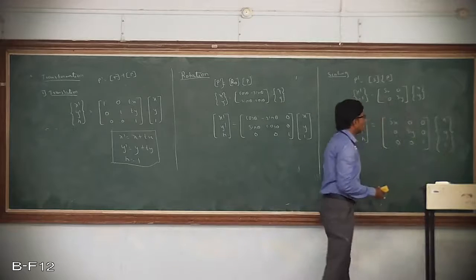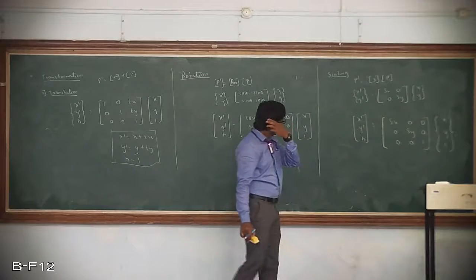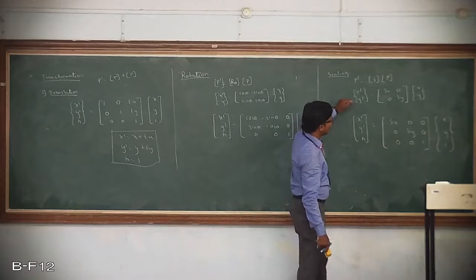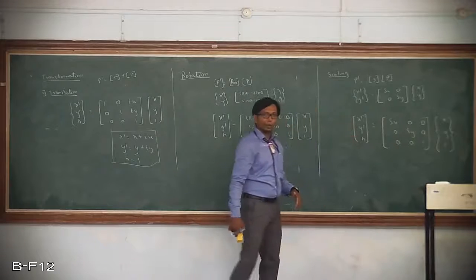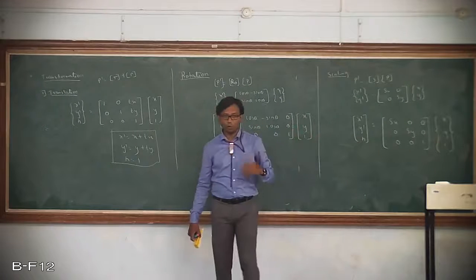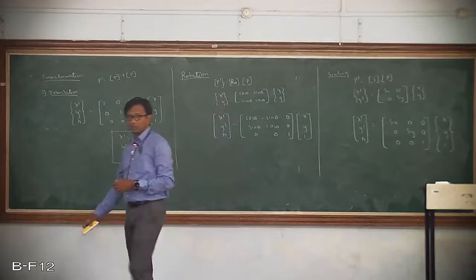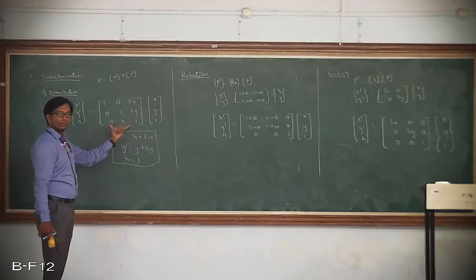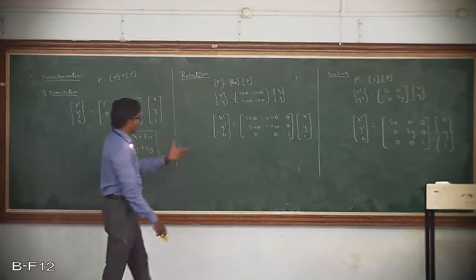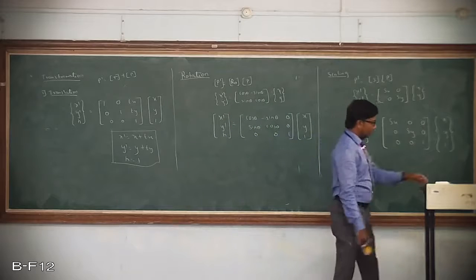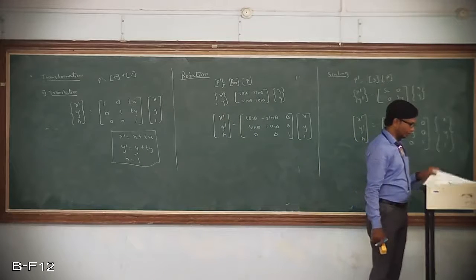Just observe what we have converted here. We have converted this 2 by 2 matrix into a 3 by 3 homogeneous matrix. So everything is now equivalent. So whenever I want to do the series of operations, I can just use these homogeneous equations to perform them, so that I will be getting the equations properly.